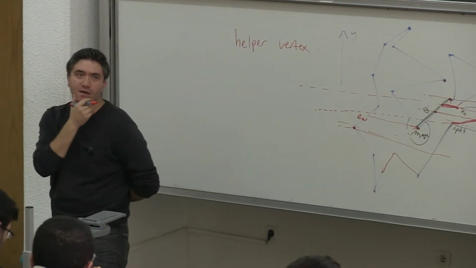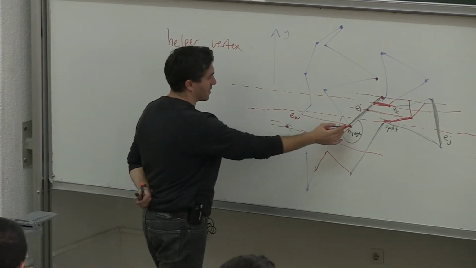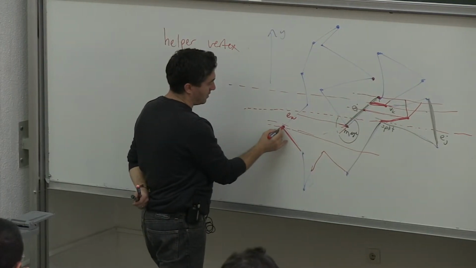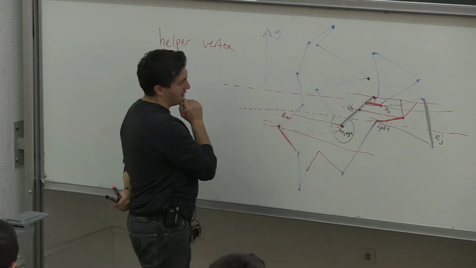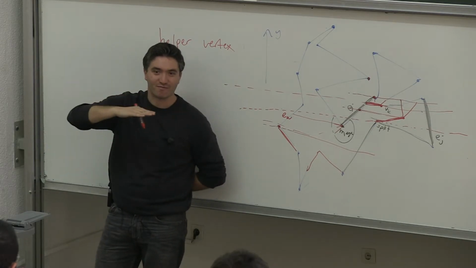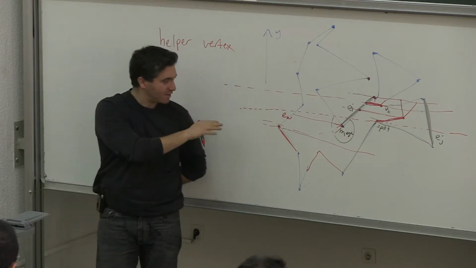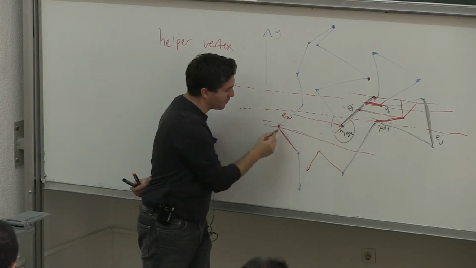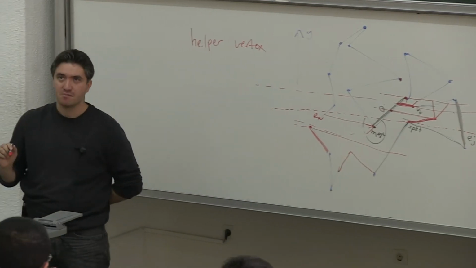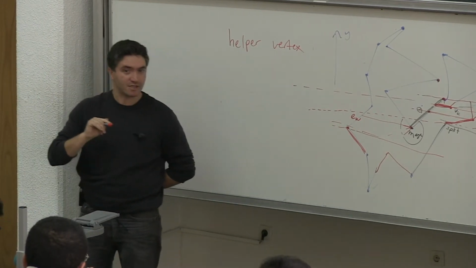That may work for some cases. Can we still keep this as the helper vertex of this edge? This violates our original definition of helper vertex as the lowest one, but we may modify the definition. We may make it work.